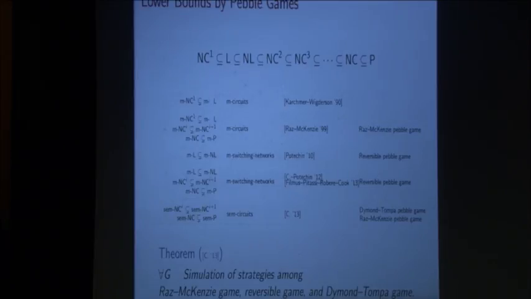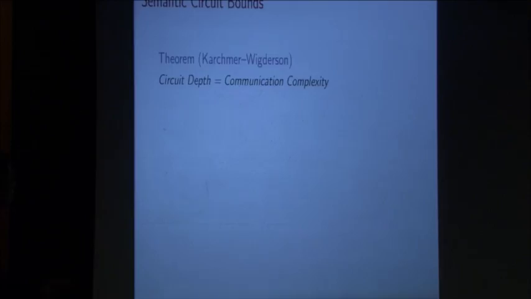Okay, cool. I'm going to mention another line of research. For those who know it, we will be considering a communication game called the Karchmer-Wigderson game. The idea is that circuit depth is captured by the communication complexity of a certain communication game, and by studying this game, we want to prove lower bounds under certain restrictions.